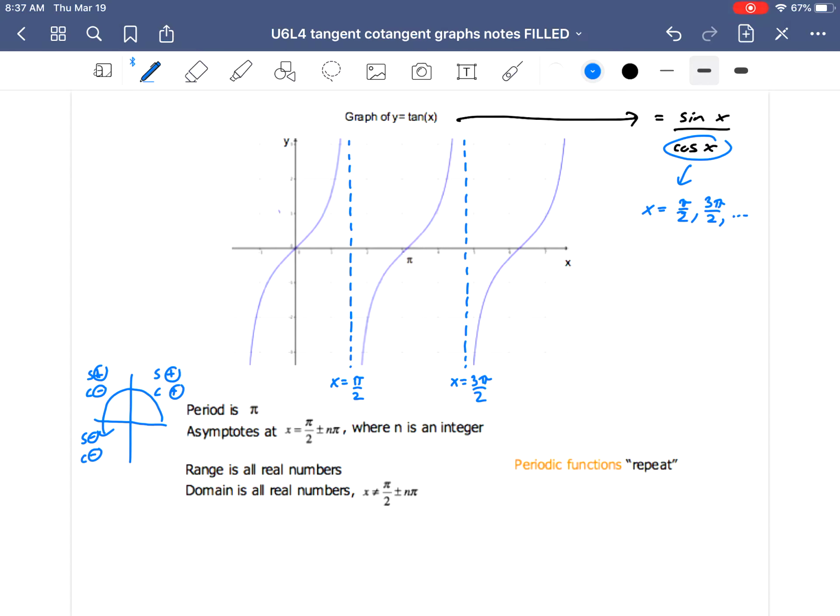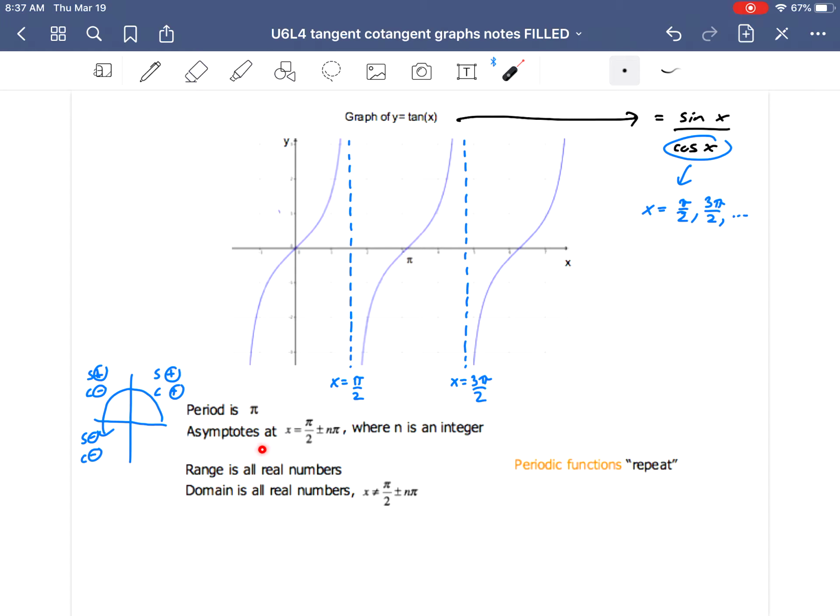If they're both negative and tangent's the ratio of them, then all the tangent values here are going to correspond to tangent values over here. Now the angle has to obviously be the same or similar, but that's another way you can think about why tangent starts to repeat after pi units, because over in quadrant 3, all these values are going to start matching up with values in quadrant 1. So the huge thing to remember: the period is pi.